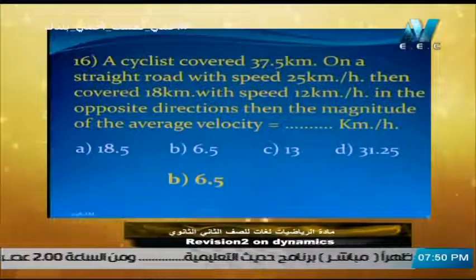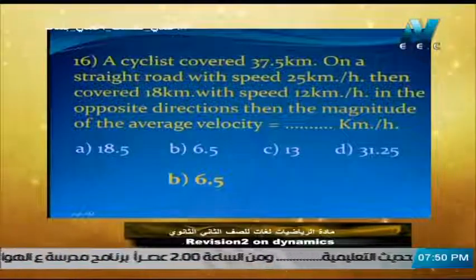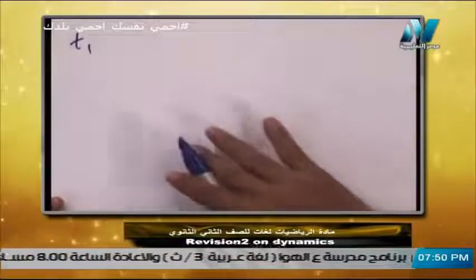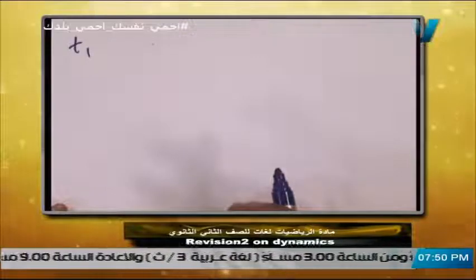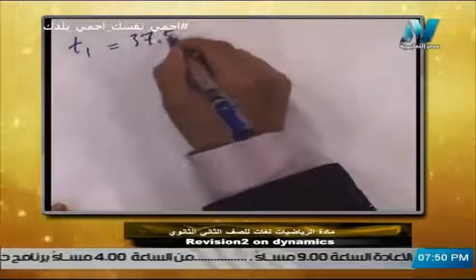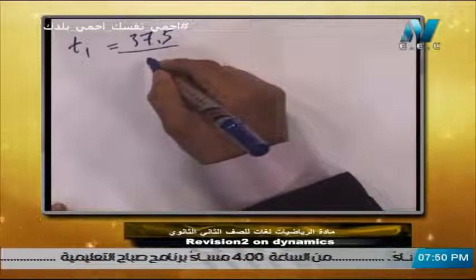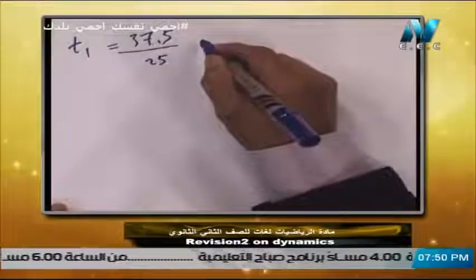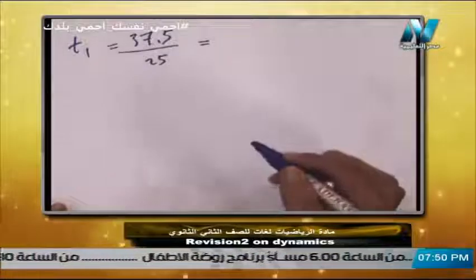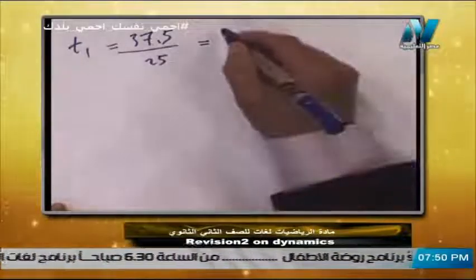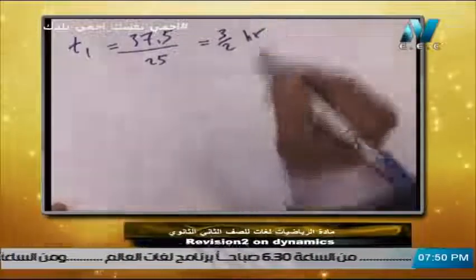We have here T1. T1 means the time that the cyclist took to cover 37.5 kilometers. So T1 equals 37.5 divided by 25, which is a velocity here, equals 3/2 hour.